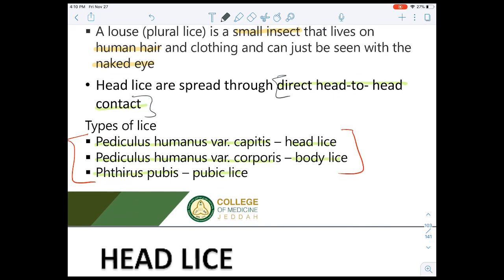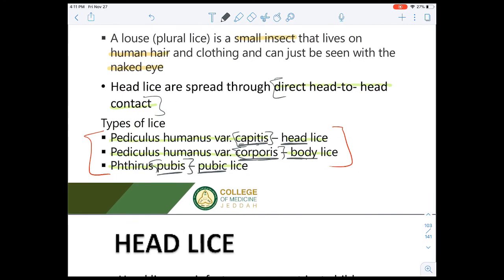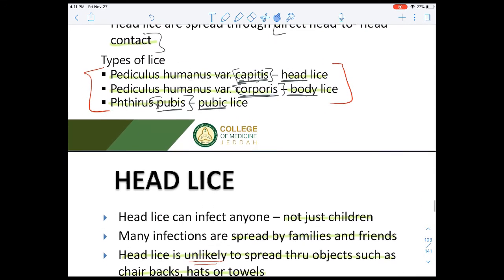There's capitis, which is on the head, corporis, which is on the body, and pubis, right? You can know where they reside by their last names. Capitis means head, corporis means body, and pubis means pubic. Each shows you which area they live in.